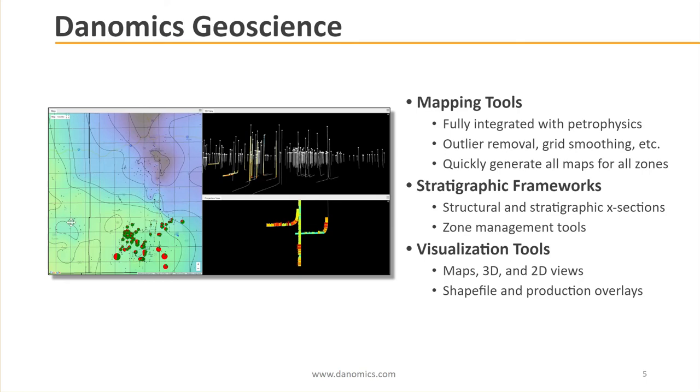For example, here you can see we have a map with production overlays, shapefile overlays, etc. This way you can go in and understand where the highest quality rocks are, where they lie relative to your acreage, and how that integrates with the production. We're even starting to bring 2D and 3D visualization tools into the platform to give you the deepest understanding of the subsurface.